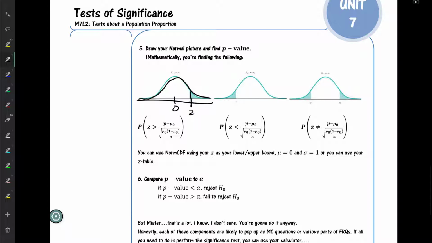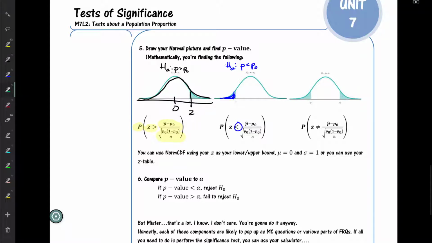Okay? And what you're mathematically really finding here is the probability that a z is going to be greater than this value. That's if your alternate hypothesis is using a greater than symbol. In our case, like we saw where we had that shaded region to the left-hand side, then you're finding this, and that's when your alternate hypothesis would be using a less than symbol.